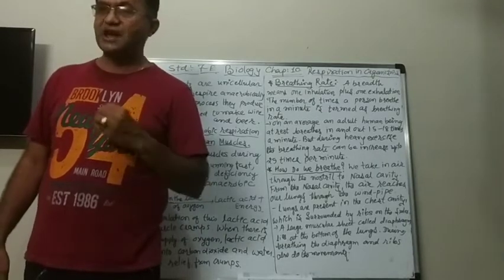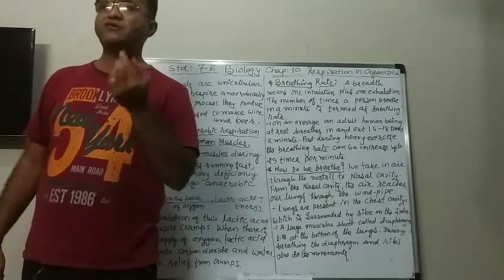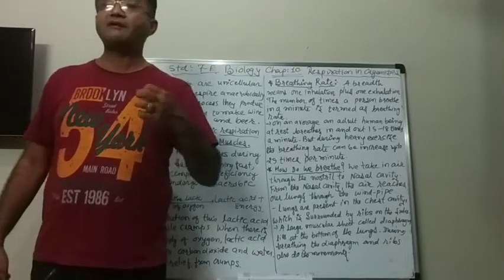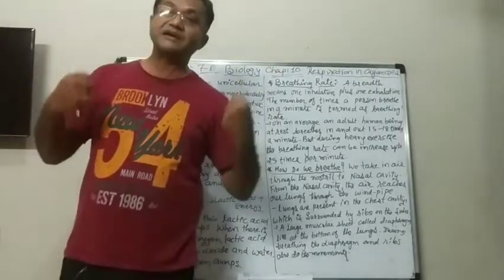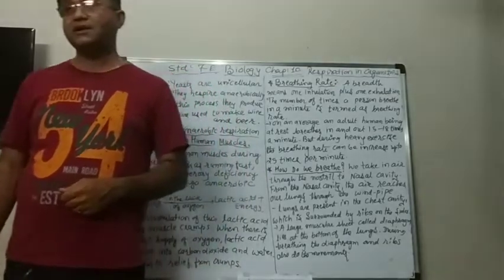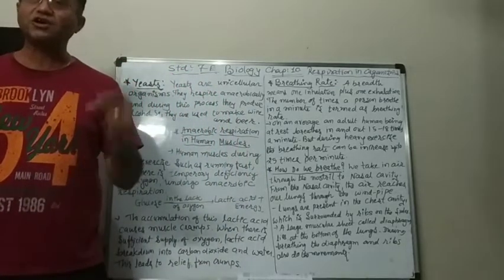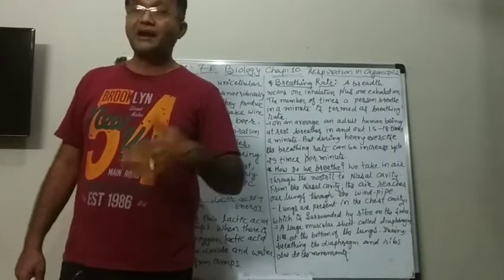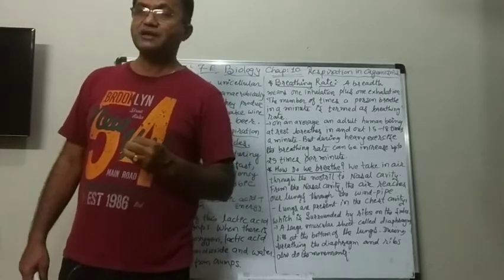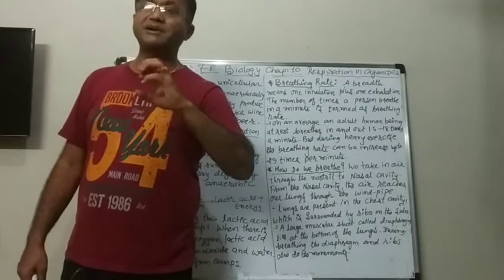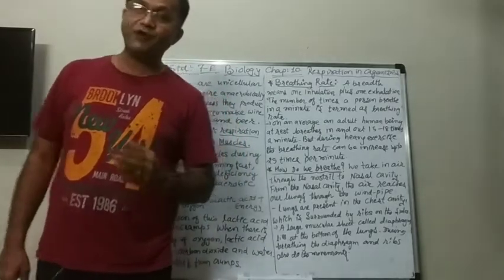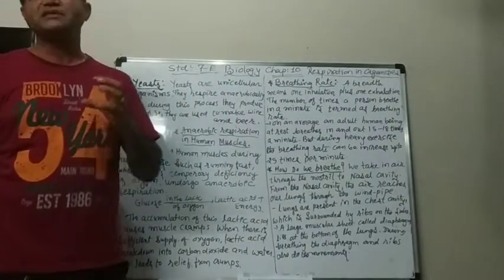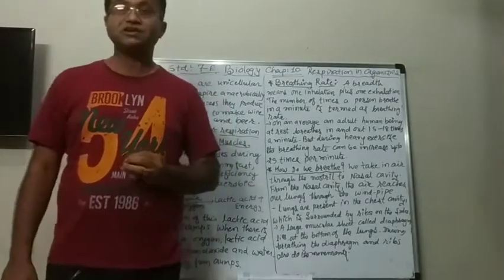And during this time, for a small period of time, our muscle cells also respire anaerobically. Without oxygen, they start breaking down the glucose. And during that, it is not completely broken down, and therefore in this situation they produce lactic acid.